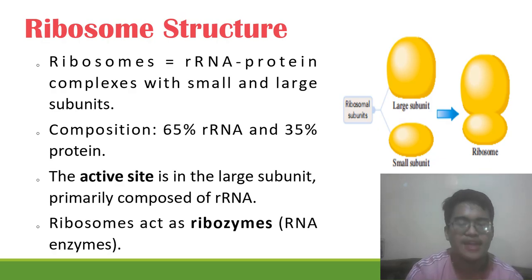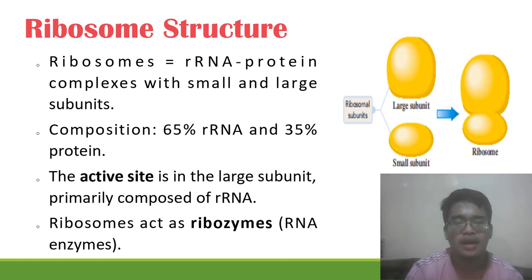Fourth, the active site is mostly rRNA, with only one of the ribosome's many protein components being present. Because rRNA is predominant at the active site, the ribosome is thought to be an RNA enzyme, that is, a ribozyme. The mRNA involved in the translation phase of protein synthesis binds to the small subunit of the ribosome.